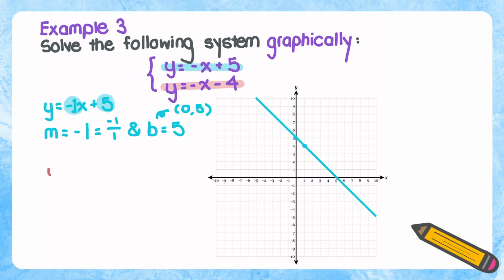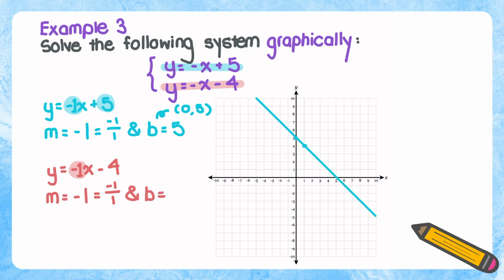Our second equation is y equals negative x minus 4. Here, our slope, again, there's an invisible 1. So our slope m is negative 1, the same as our first equation.